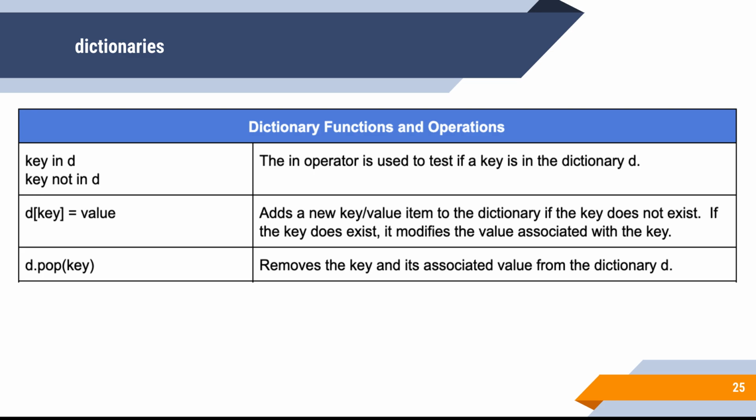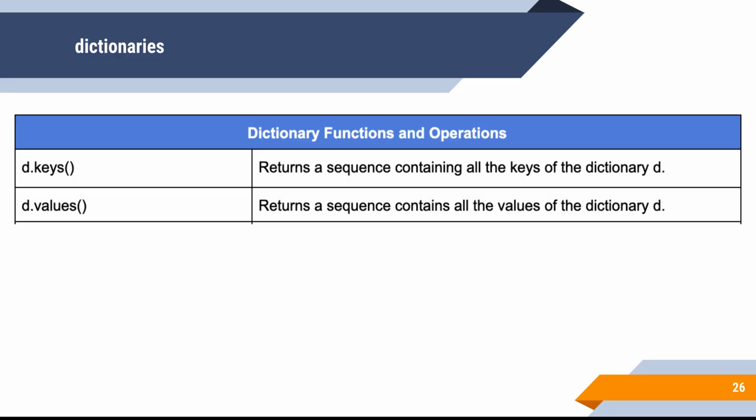If you wanted to remove the key and its associated value from the dictionary, you would just say d.pop(key). If you wanted a list of keys, you would just say dictionary name dot keys, and if you wanted a sequence of values, you would just say d.values.